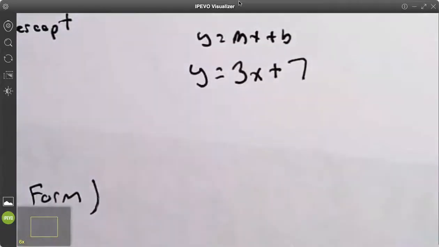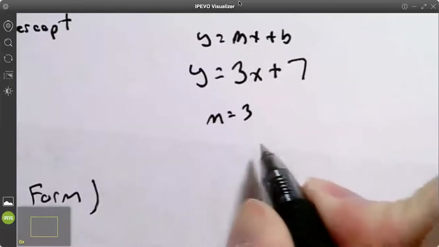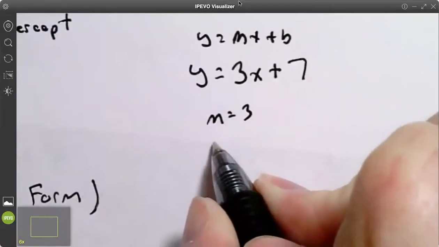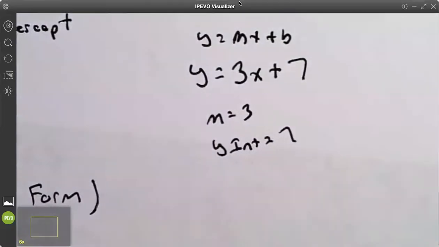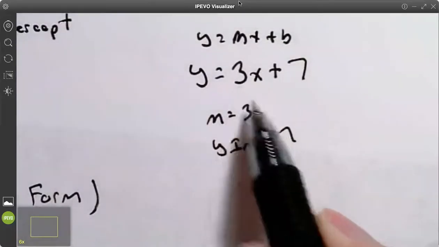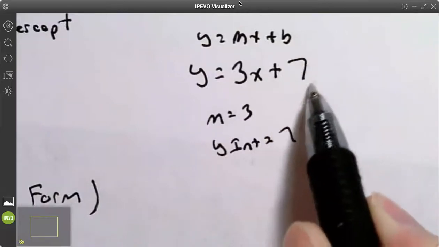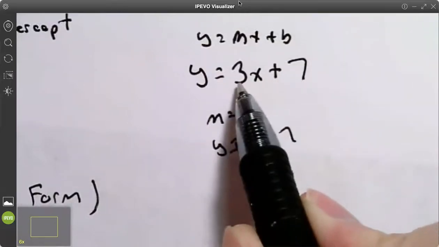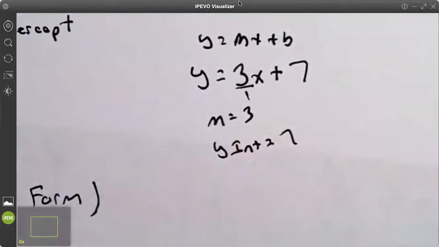So when you look at this formula, you instantly know my slope is 3 and my y-intercept is 7. So once we learn to graph, when we look at this equation, we would graph a line which crosses the y-axis at 7 and has a slope of 3, meaning you would rise 3, run 1, because that's understood to be over 1.